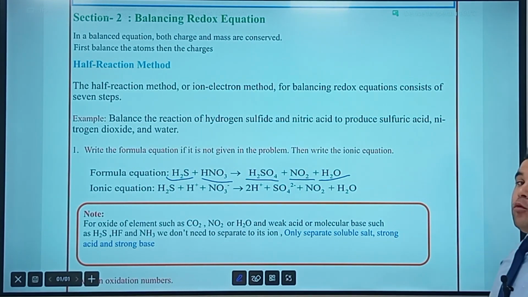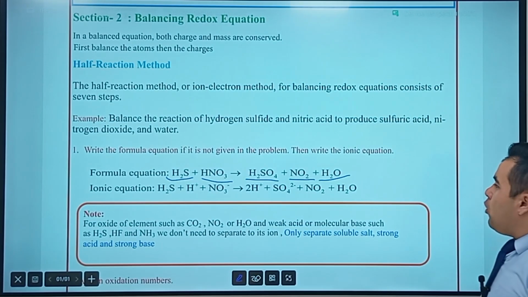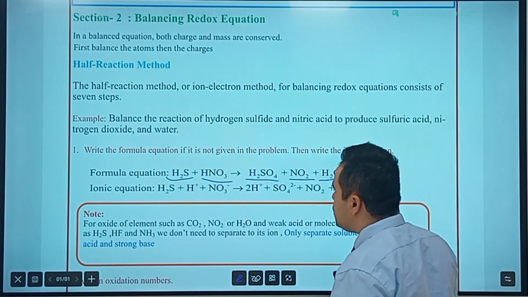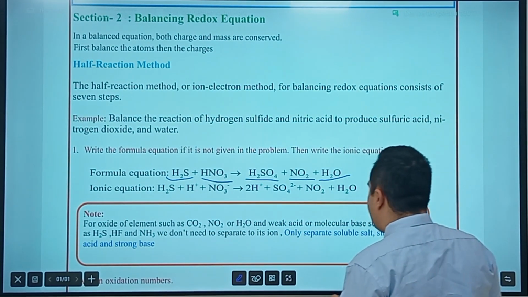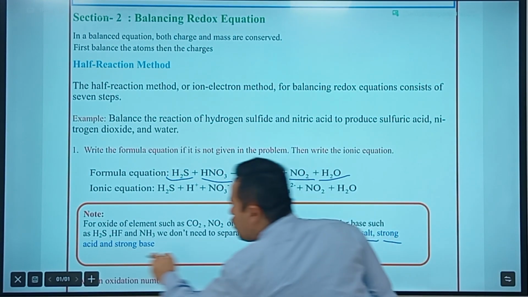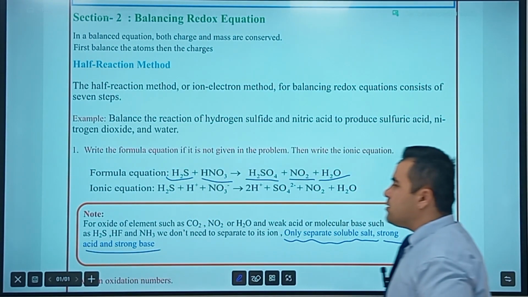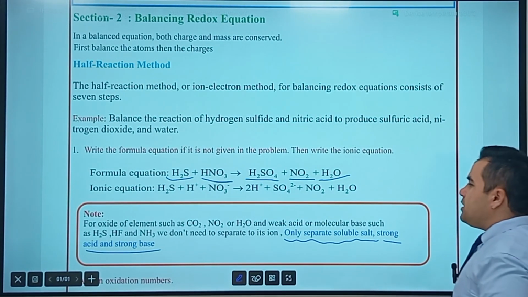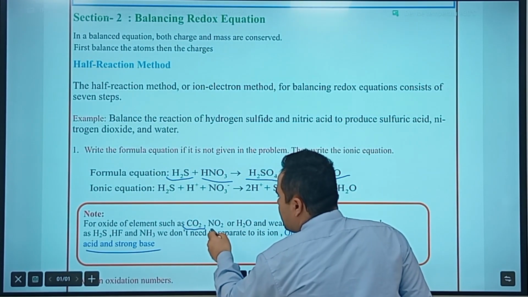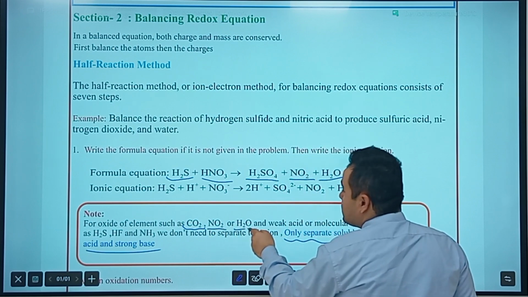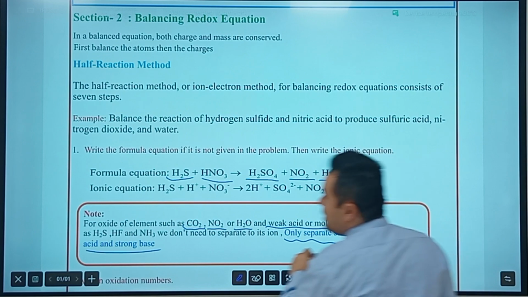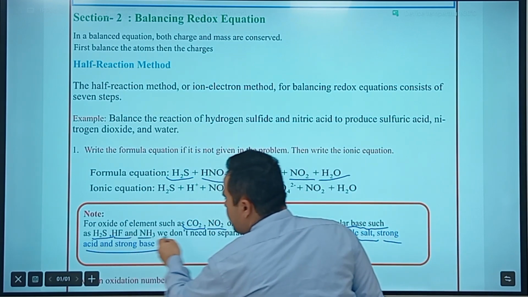With the formula equation, write the overall ionic equation. What to do in the overall ionic equation? Only separate soluble salts, strong acids and strong bases. Do not dissociate the oxides, such as carbon oxide, nitrogen oxide, H2O, and weak acids and weak bases such as H2S, HF, NH3.